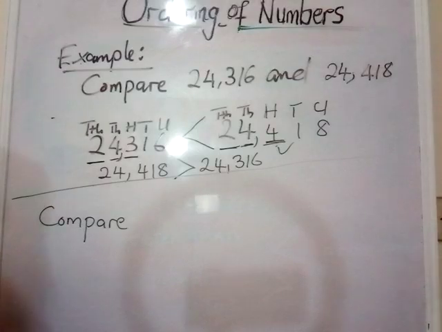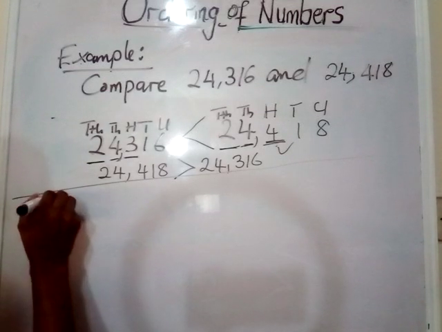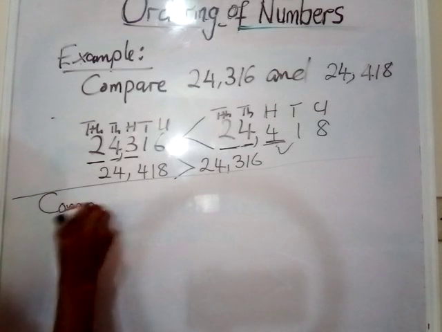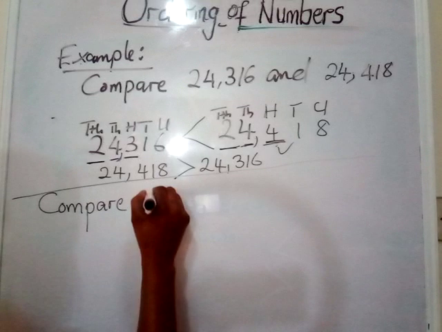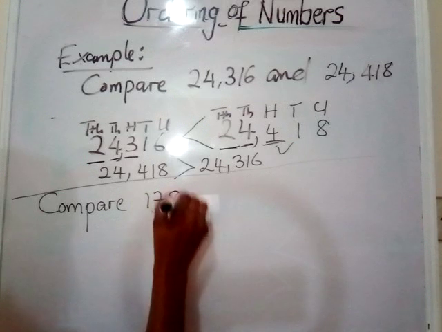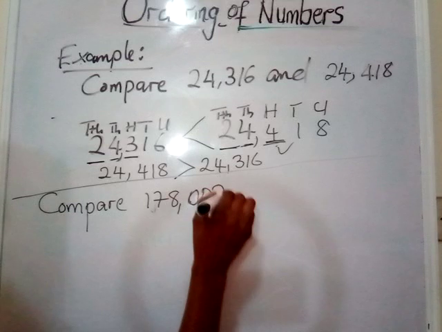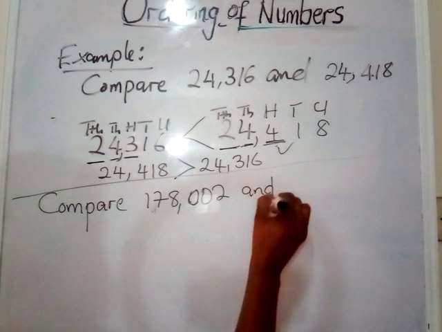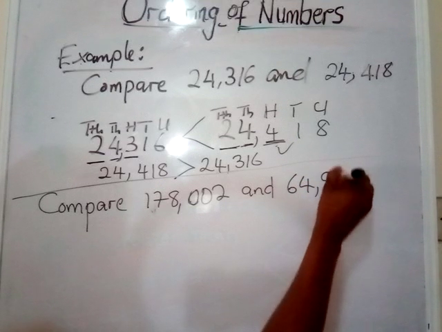Now we're taking a second example. Compare. What numbers do we compare now? Good. So compare 178,002 and 64,981.